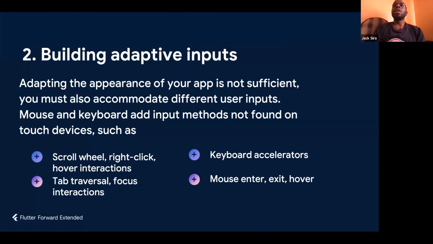For example, maybe you are showing a toast notification, or you are showing a tooltip, those kinds of things. So those are some of the inputs that, when you develop for different screens, become a necessity.